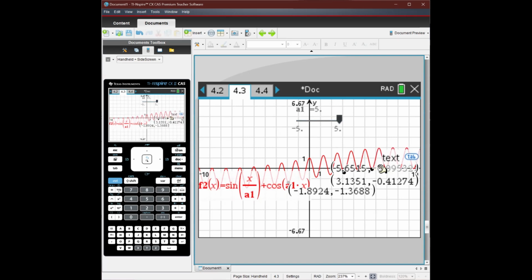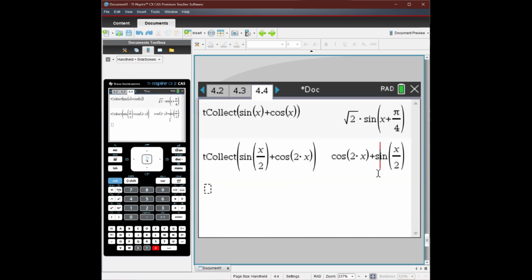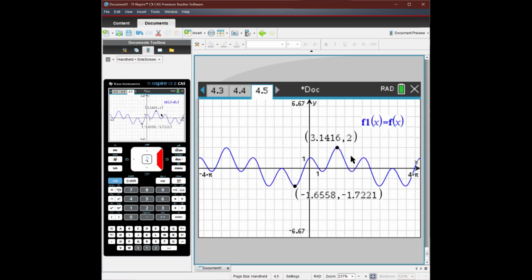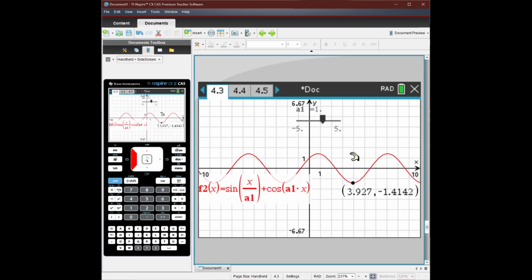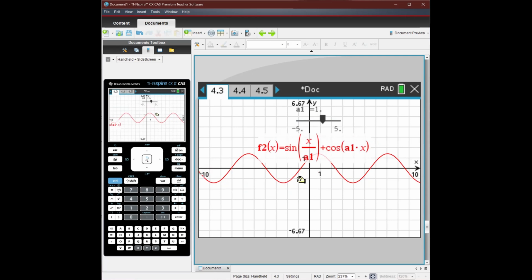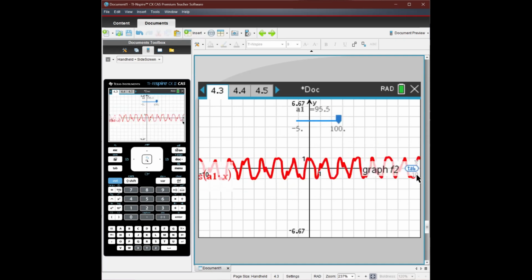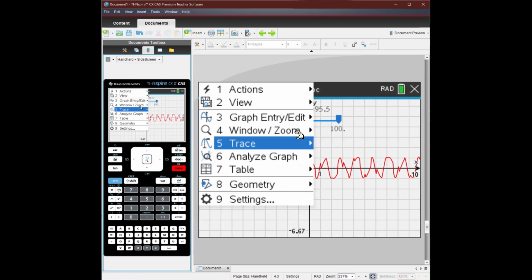And let's just delete this point. Let me try if we have a very large a, let's say 100. You can see the pattern is fluctuating. So then you have to really zoom in.